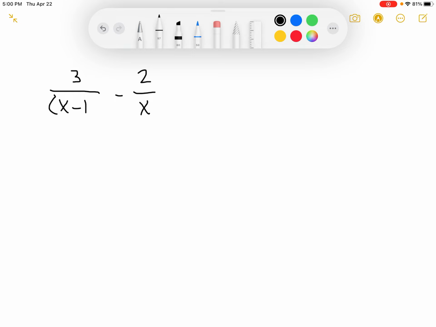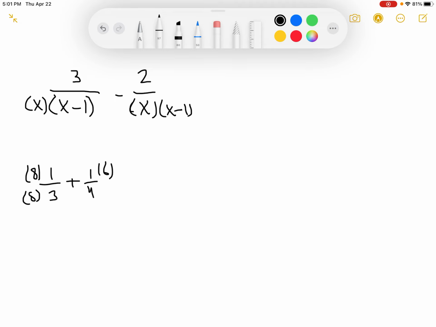So what we actually have to do, there's nothing we can do to them alone. So we actually just have to multiply them by each other, like this. And here's a tip. You can always multiply the denominators by each other to get a common denominator, but it might not be simplified. Here's what I mean. Going back to the previous problem, we could say, oh, let's multiply that by 8. Let's multiply that by 6.